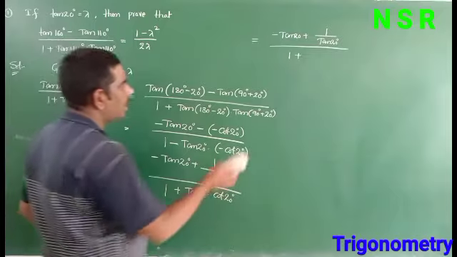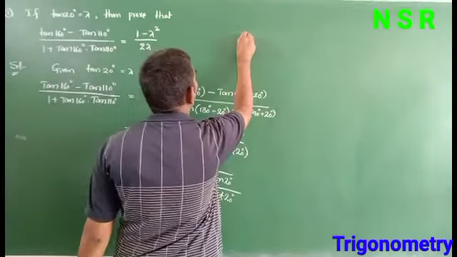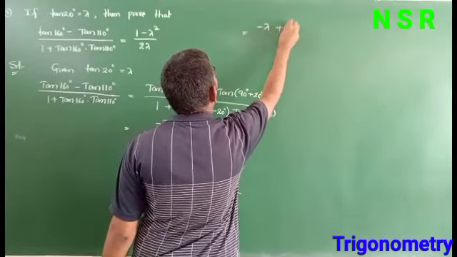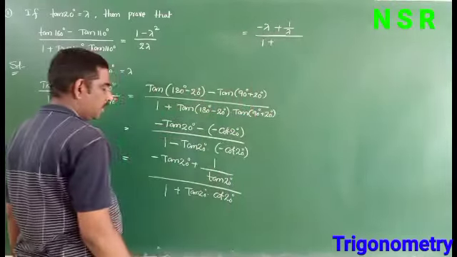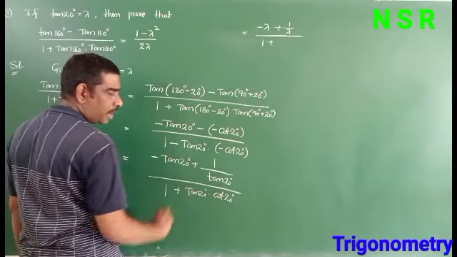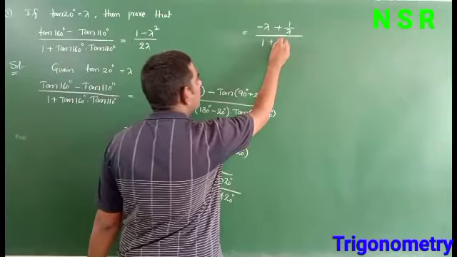The tan 20 value is lambda. So write here minus (lambda plus 1 by lambda) by 1 plus tan theta into cot theta, which equals 1. So tan 20 into cot 20 equals 1.